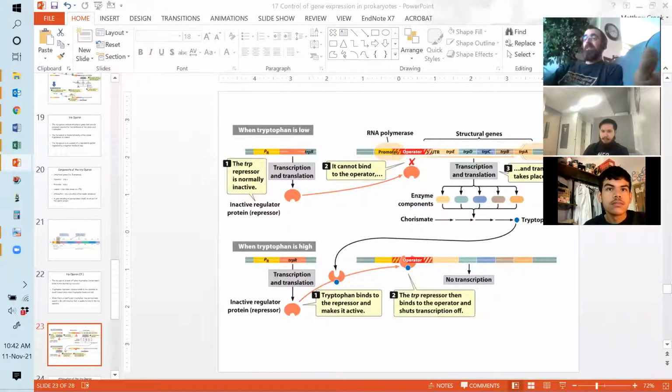And remember, again, if nothing is bound to a prokaryotic operator, you get transcription. In the case of the lac operon, it might not be very good transcription in the absence of CAP-cAMP, but you still get transcription, right? There's nothing physically blocking RNA polymerase from transcribing the operon.